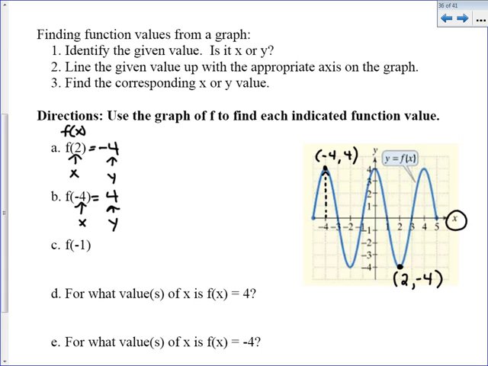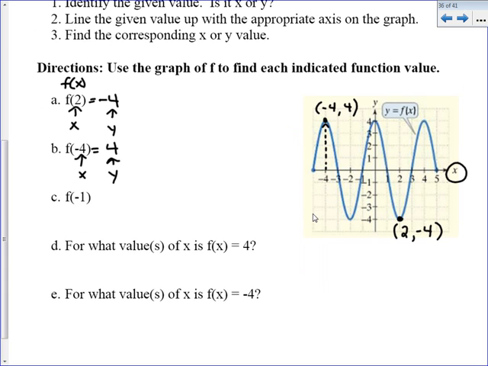So the same thing for C, f of negative 1. Negative 1 is our x value, so we're going to go to our graph and find a point that has, or points if it exists, an x value of negative 1, so go back to negative 1 on my x-axis, which happens to be right on my graph.